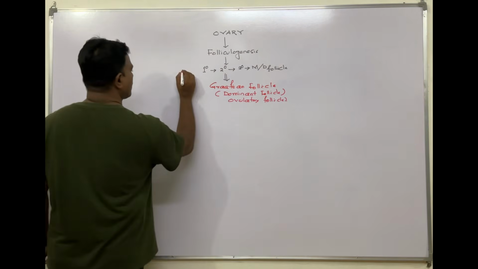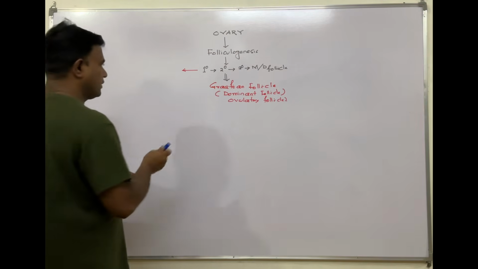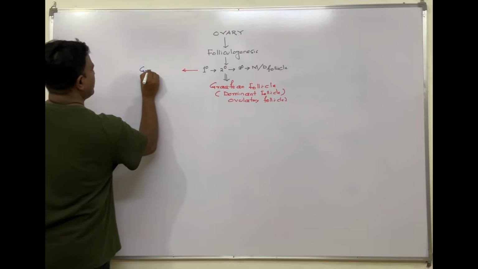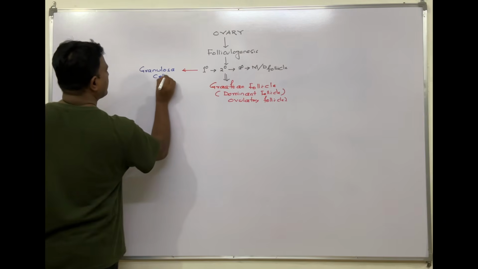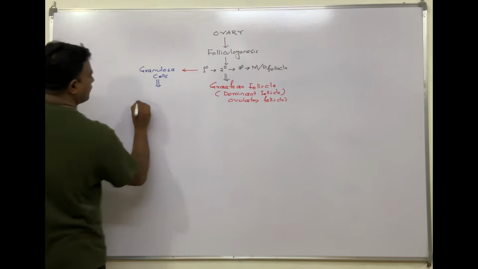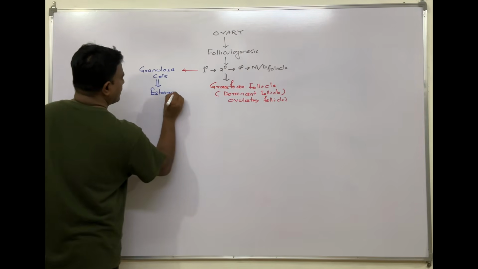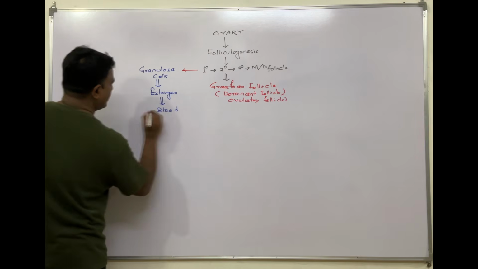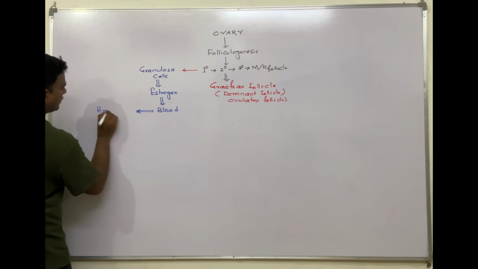When there is maturation of the follicle, see this blue line. The granulosa cells are so designed, they are the master cells which regulate the secretion of a good quantity of estrogen. This estrogen via the blood goes to the hypothalamus.